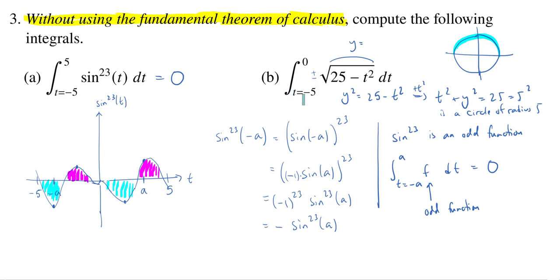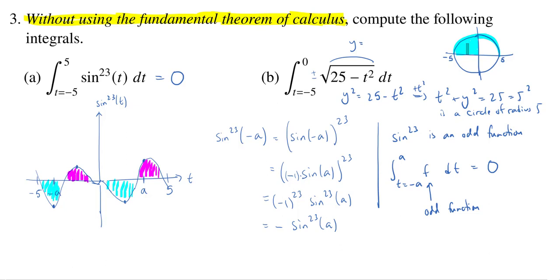Also, this tells me I'm only going from t equals -5, there's -5 to 5, because this is a circle of radius 5. And I only go from -5 to 0. So in fact, I'm only getting the stuff in this upper left quadrant. So this is just 1/4 of this circle.